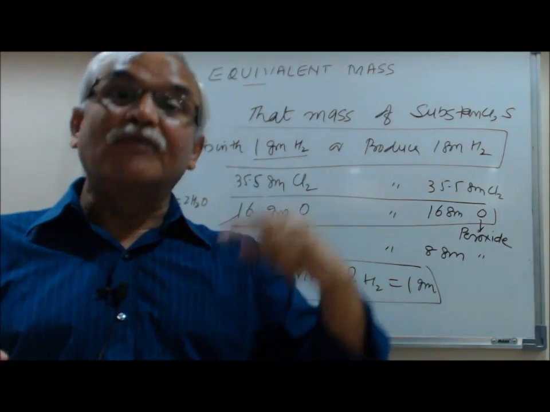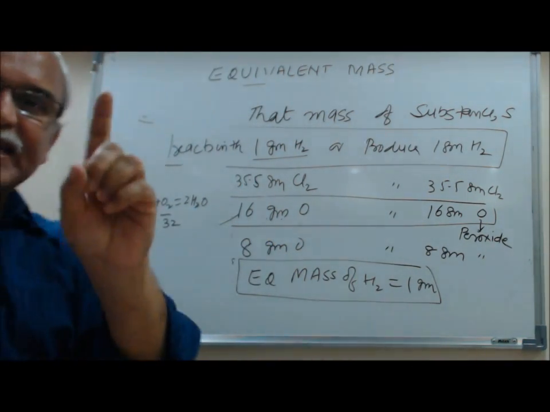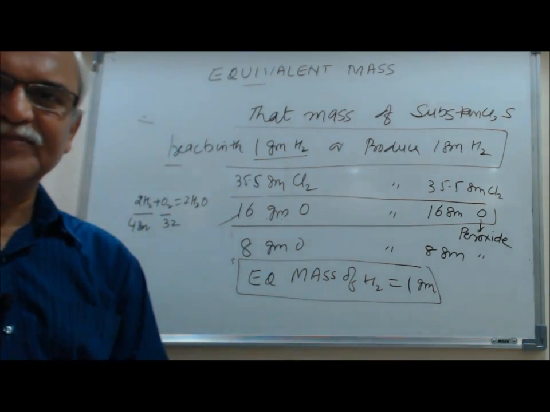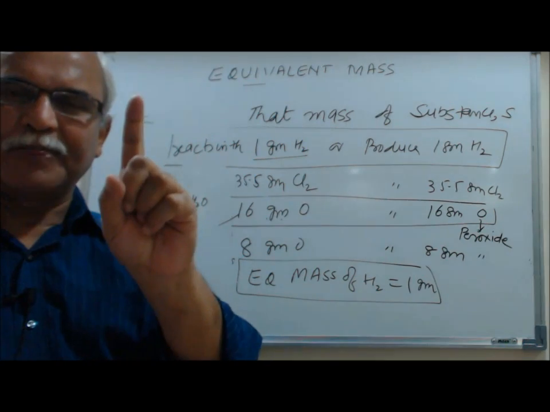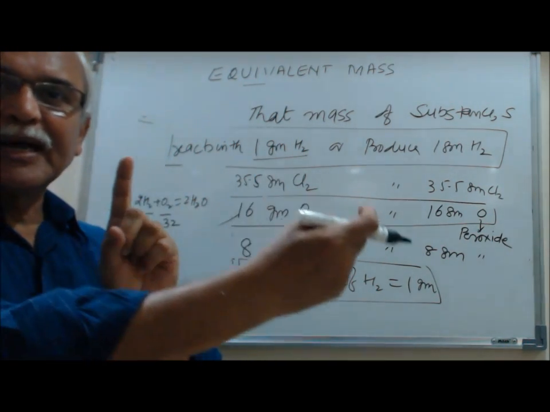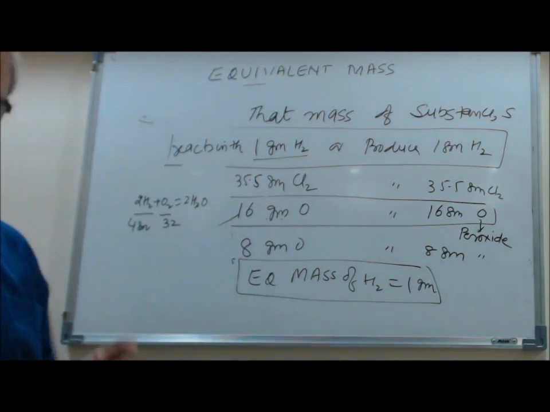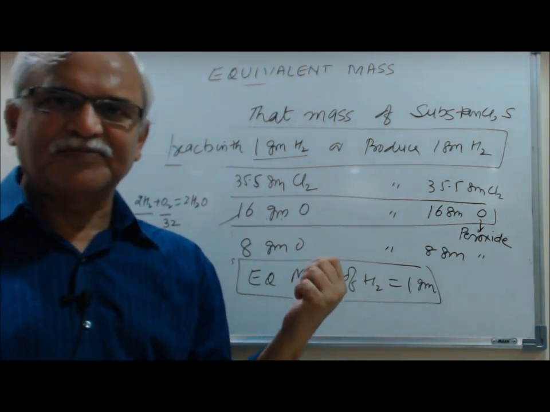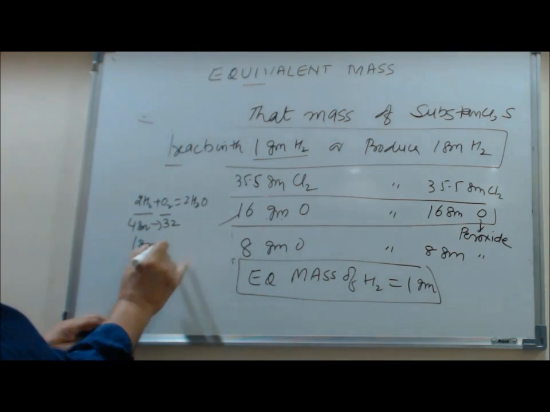Because one equivalent always reacts with one equivalent. So one equivalent of hydrogen will always react with one equivalent of oxygen. What is the one equivalent of hydrogen? Answer 1. So we have to see how many grams of oxygen are reacting with 1 gram of hydrogen. So what do we see? 4 reacts with 32, so 1 will react with 8.